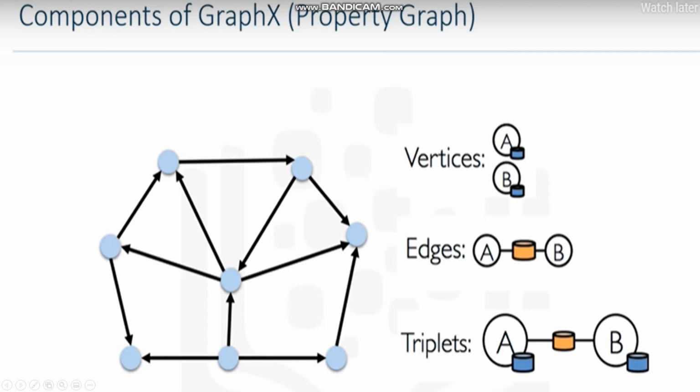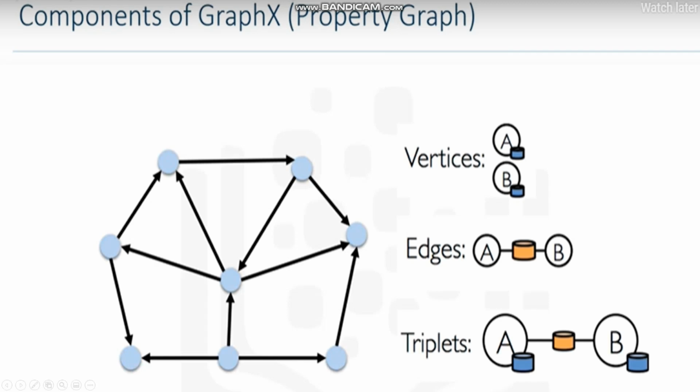The vertices are the dots or nodes that we see. So these are vertices 1 2 3 4 5 6 7 8. We have 8 dots with the blue color.